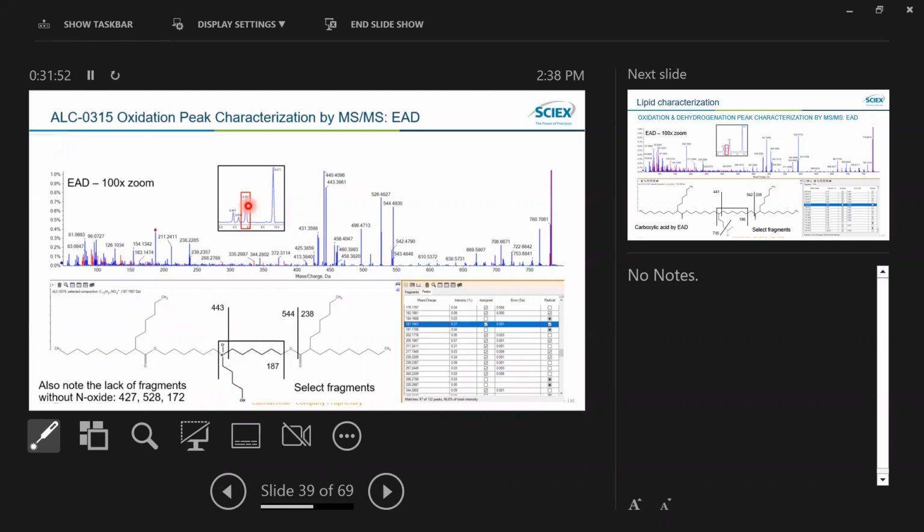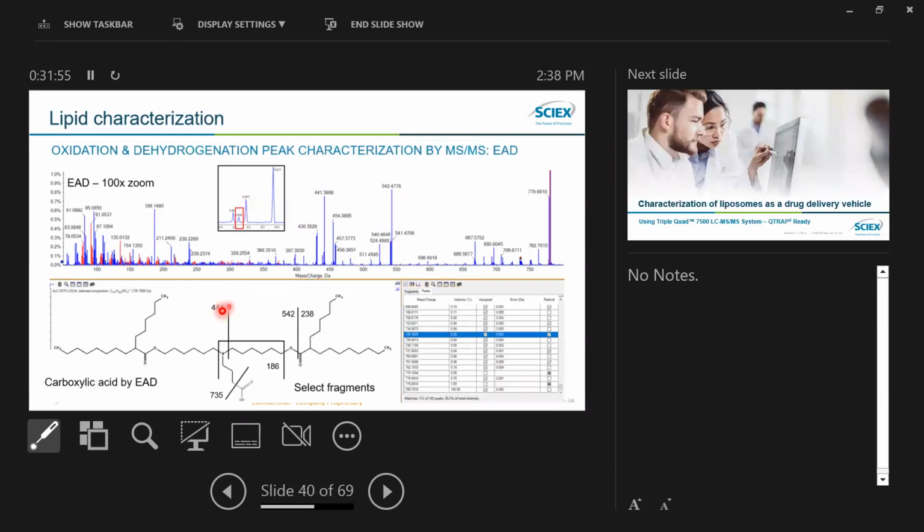And then furthermore, we also saw another oxidative impurity. Instead of that 443, we saw 441. So it was oxidation minus 2 hydrogen atoms. And then instead of the 187, we see 186. We also saw this fragment ion here at 735, and the 735 could only be explained if that oxidation and loss of 2 hydrogen atoms was a carboxyl.